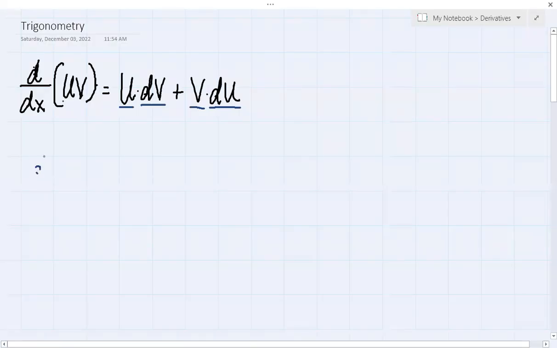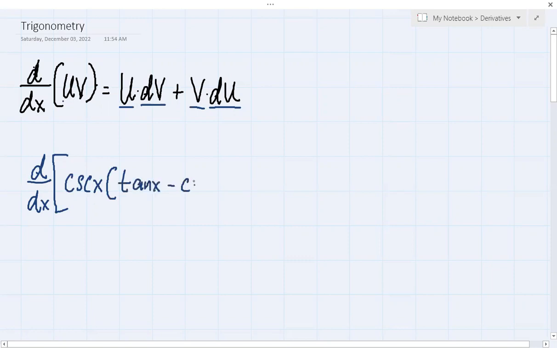Another example is we have the derivative of cosecant x times quantity tangent x minus cotangent x. Yan.